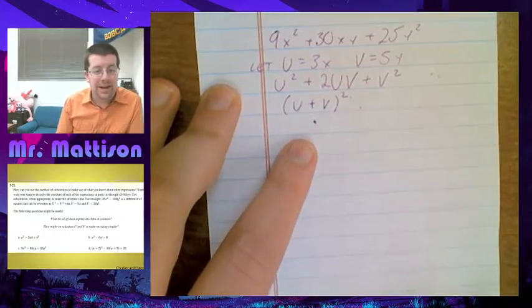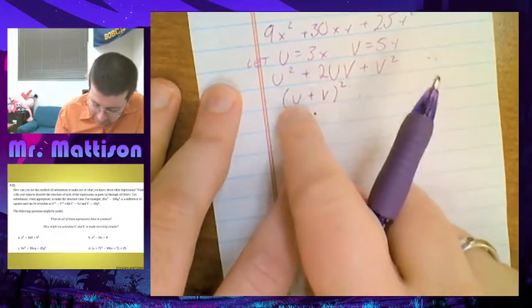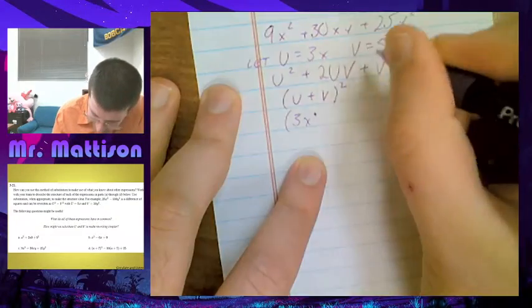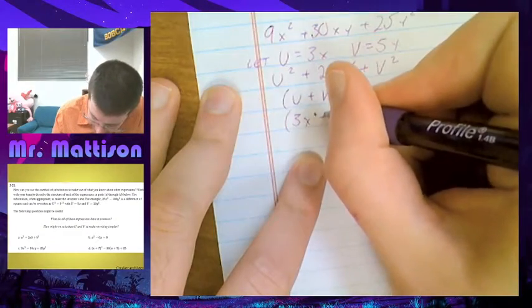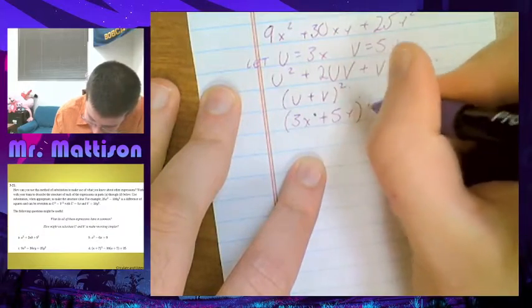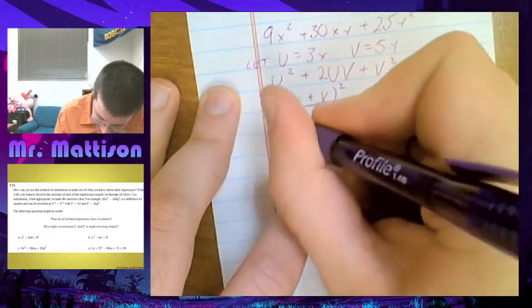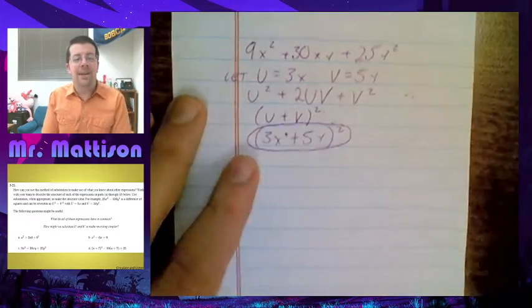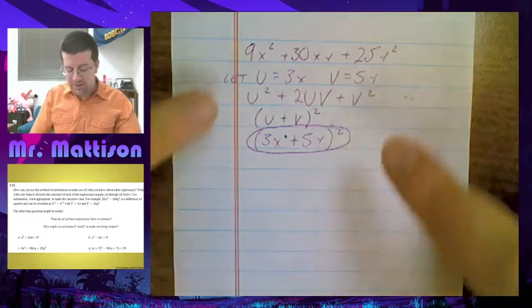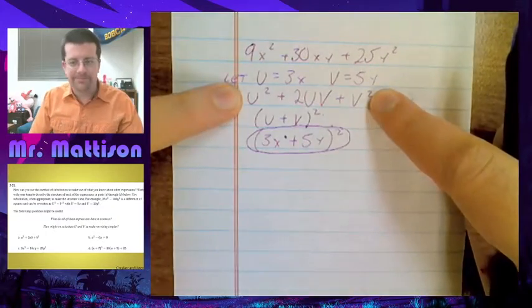And now I can say, well, my u is 3x, my v is 5y, squared, all factored. And that's a lot faster and a lot easier because I used that u substitution, which let me see that pattern. Okay.